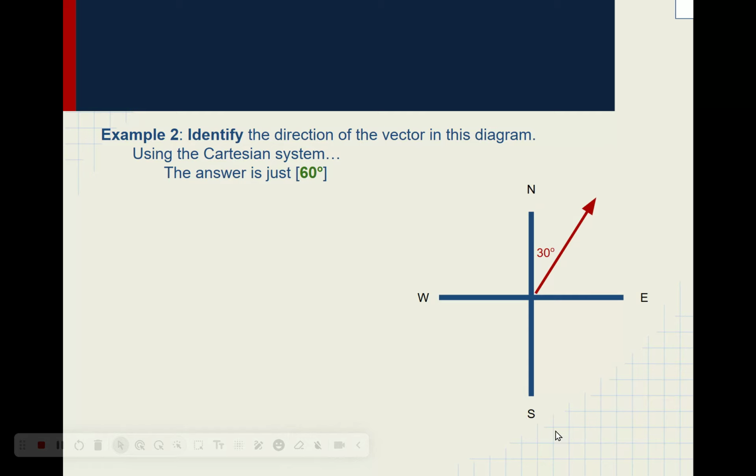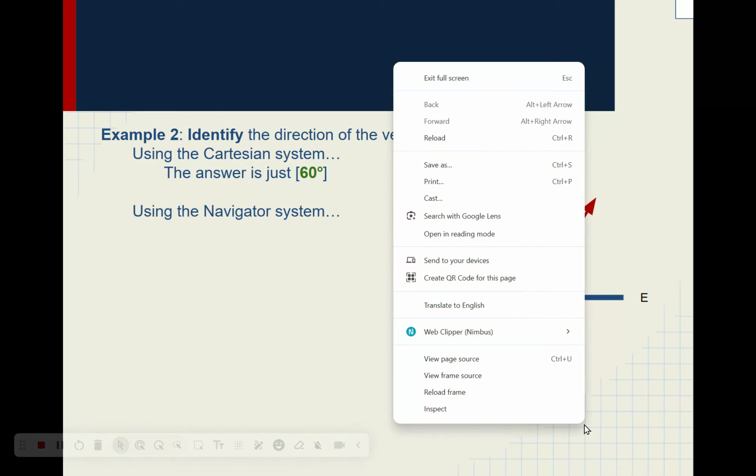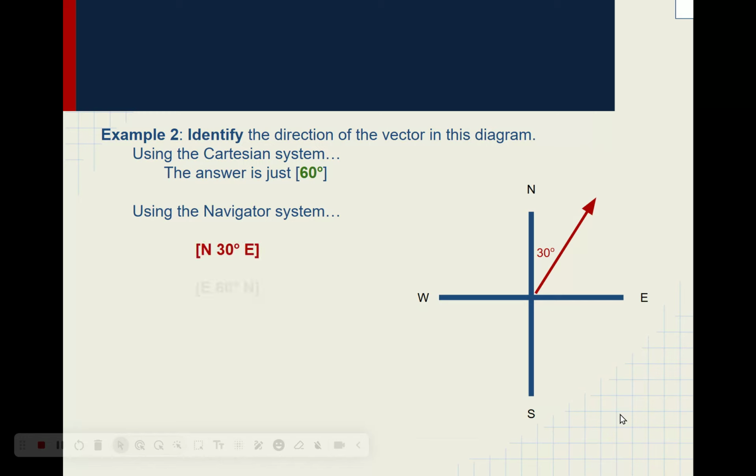Now, if instead I am using the navigator system, I don't know why that keeps on jumping up. The easiest way to write it is north 30 degrees east. And that's because what I'm basically doing in this system is I'm using north as a reference line because I measured the 30-degree angle from this north vector.